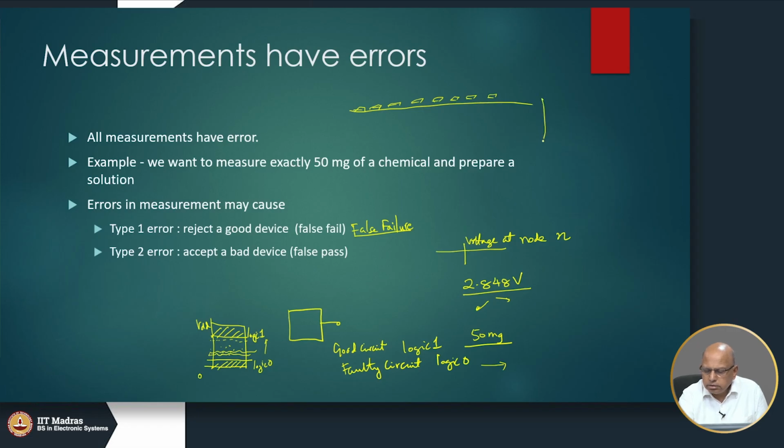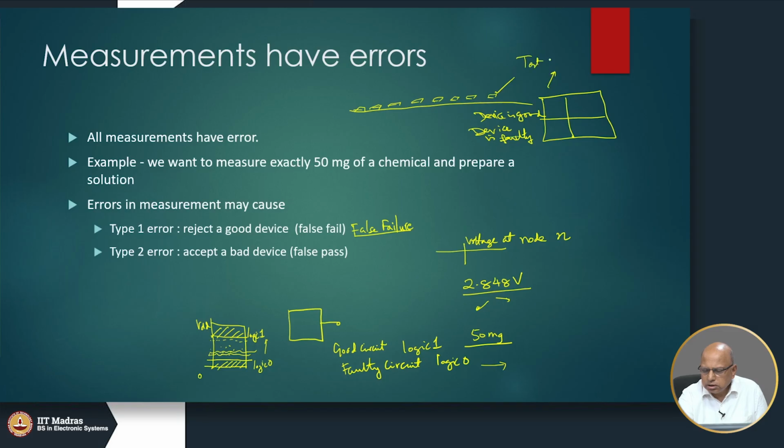And let us write down a table like this. So, the device is good and the device is faulty. These are the two things that can occur. So, when I pick up one of these devices for testing, it is possible that it is a good device or it is a faulty device, and this is what test results show.